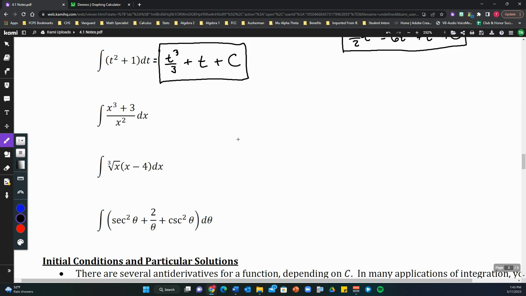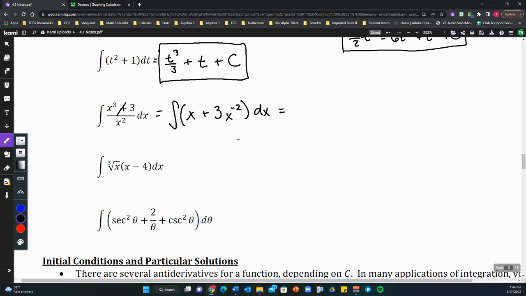So just like when we had problems like this that you wanted to take the derivative of to avoid quotient rule, we want to do that here as well. This is a split and reduce problem. So this will actually become x cubed divided by x squared, or x, plus 3 divided by x squared, which I can rewrite as 3x to the negative second dx.